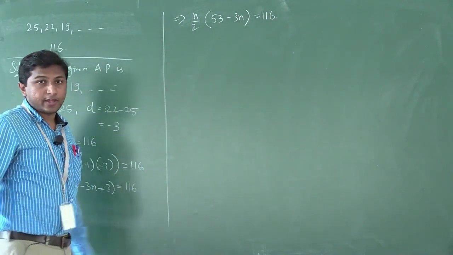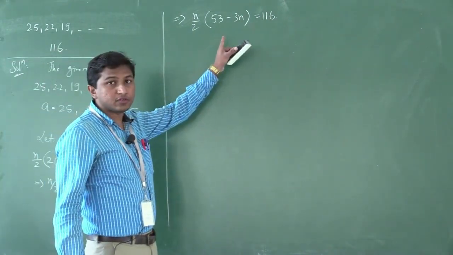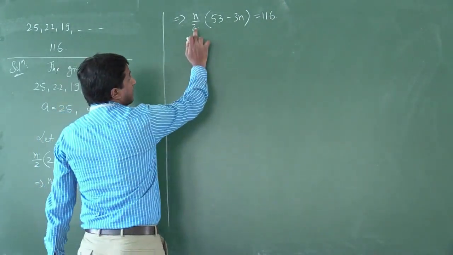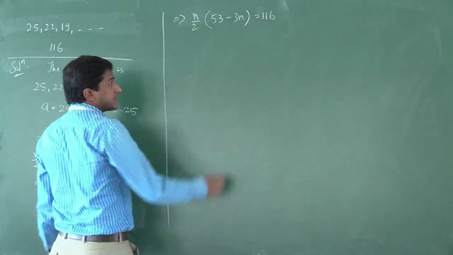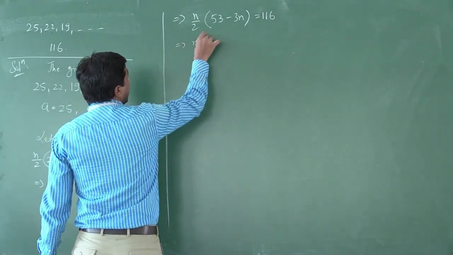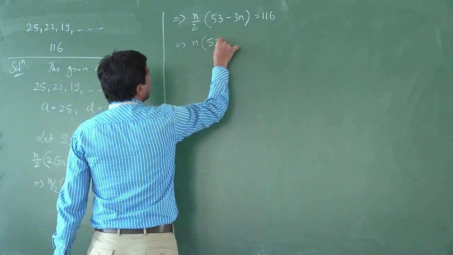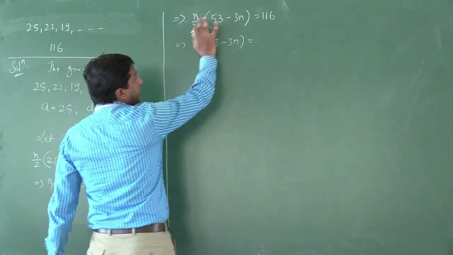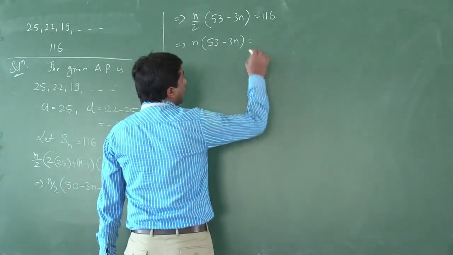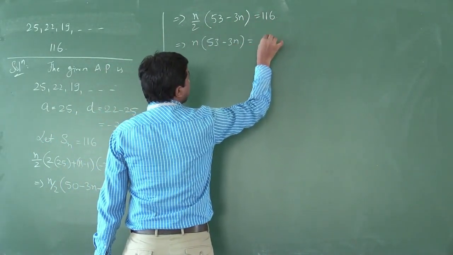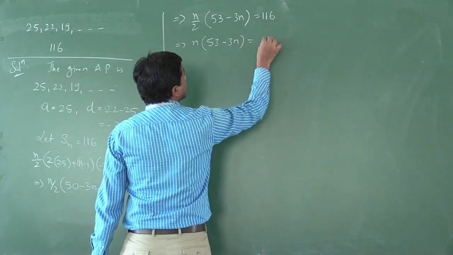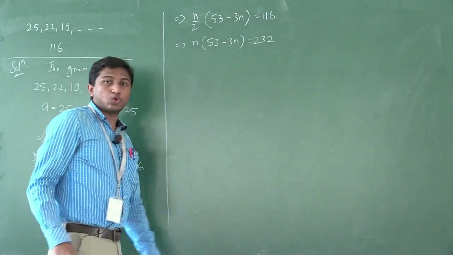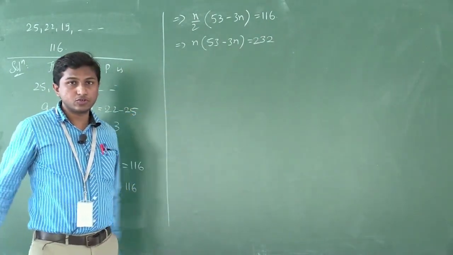So we've got n by 2 into 53 minus 3n equals 116. I multiply 2 on the RHS. We have n into 53 minus 3n equals 2 into 116. What do we get? 2 into 6, 12. 2 ones are 2 plus 1, 3. 2 into 1 is 2. So we get 232.